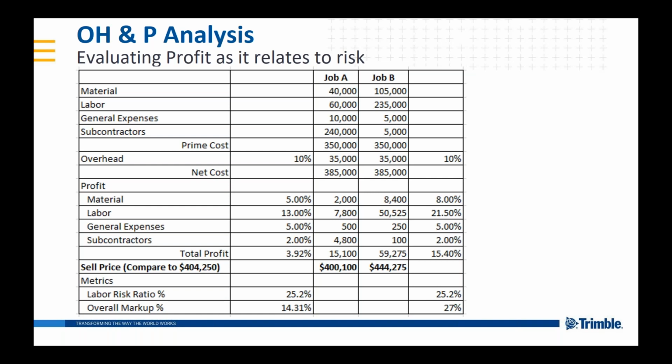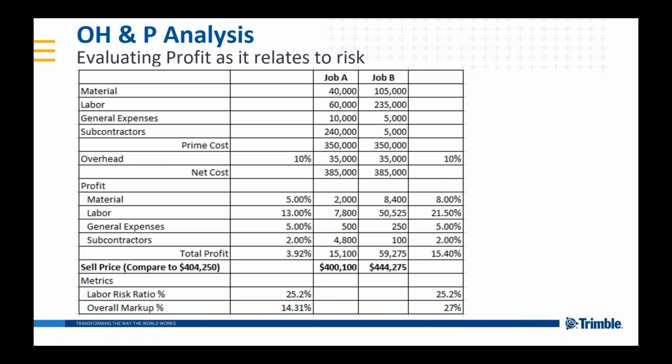So the next thing that I would look at is what's my labor risk? Well, obviously job B's labor is way higher than job A's. So I'm going to apply 21.5% markup on labor for job B, but I only need to have 13% on job A. And then I've thrown 5% on both of them for general conditions and 2% for my subs.